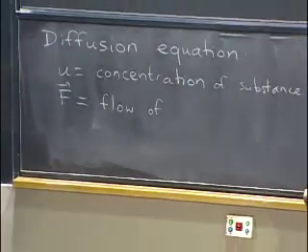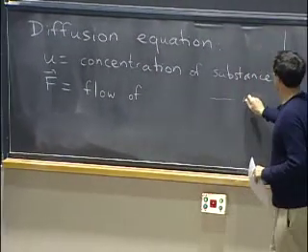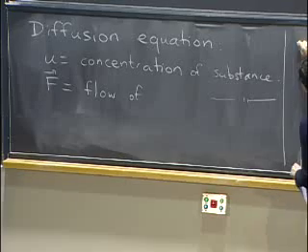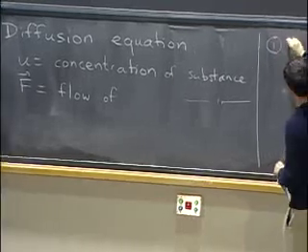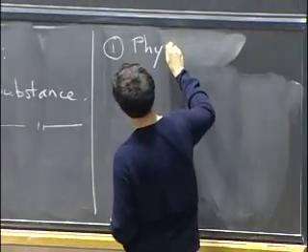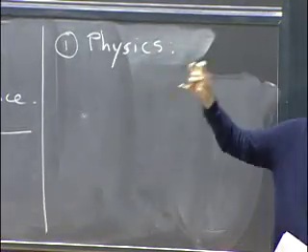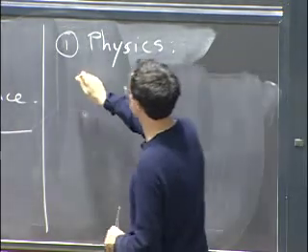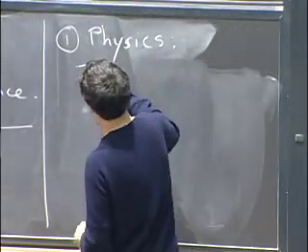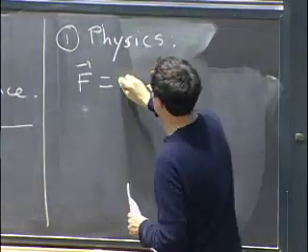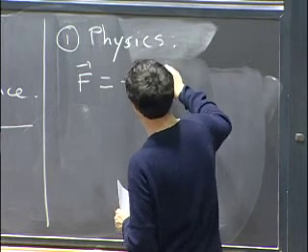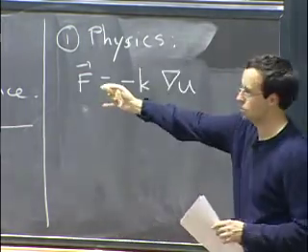Well, we got 2 bits of information. One came from physics, which said that the flow goes from high concentration to smaller concentration, and that told us that the flow is proportional to negative the gradient of the concentration.